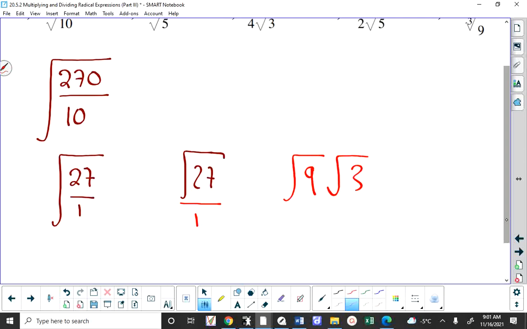And again, I'm reminding you, for radicals that are square roots, I don't like writing root 3 times 3 times 3 and extracting pairs. I think it's quicker to just find a perfect square that's a factor of the radicand. So what we're getting is 3 root 3. Good? Other questions?